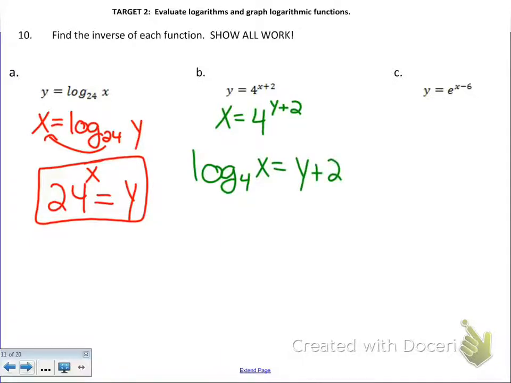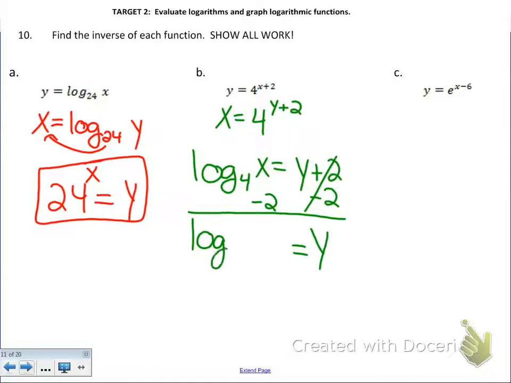Now we want to solve the equation for y. So in order to solve for y, we just subtract 2 from both sides. So we get y equals log base 4 of x minus 2. And that is your inverse function.